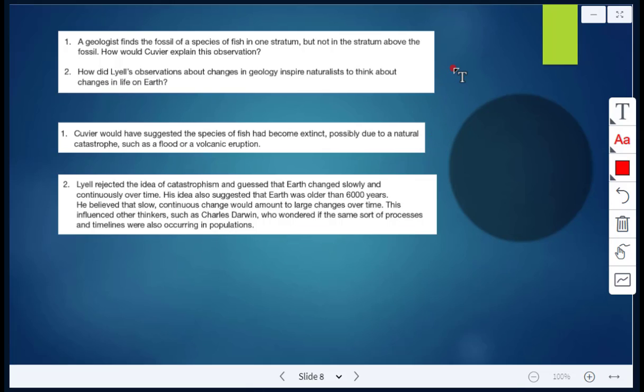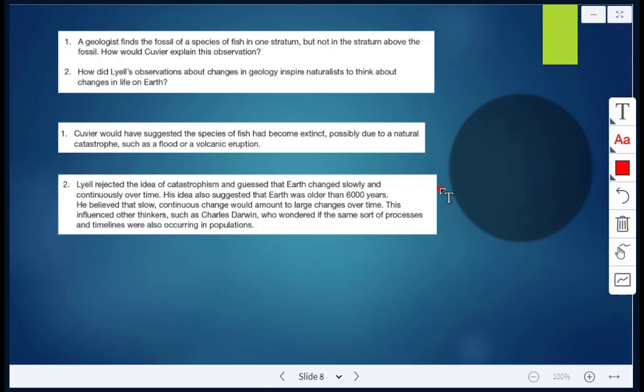Next is Lyell, and how did Lyell's observations about changes in geology inspire naturalists to think about changes in life on Earth? So keep in mind, Lyell was the one that rejected Cuvier's idea of catastrophe, and he was the one that guessed that Earth changed slowly and continuously over time.